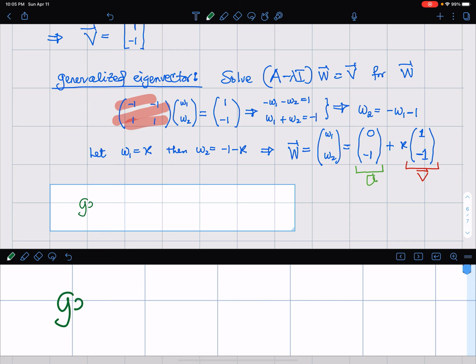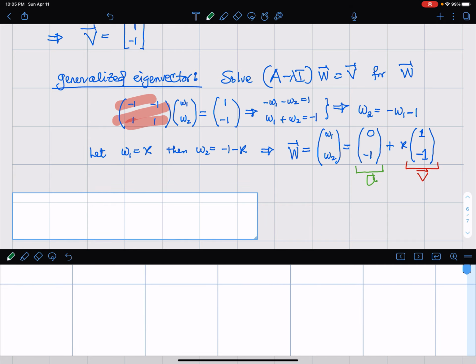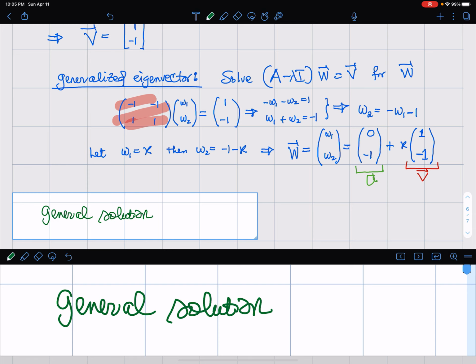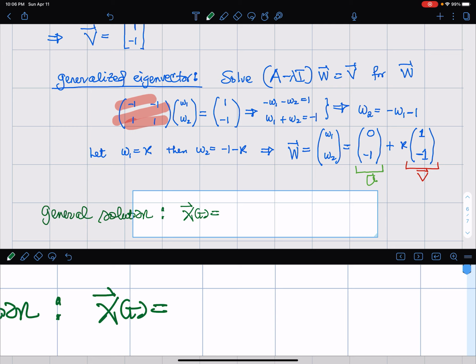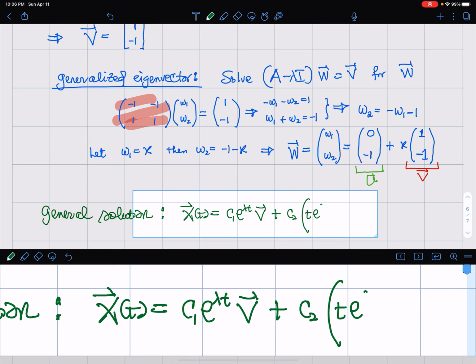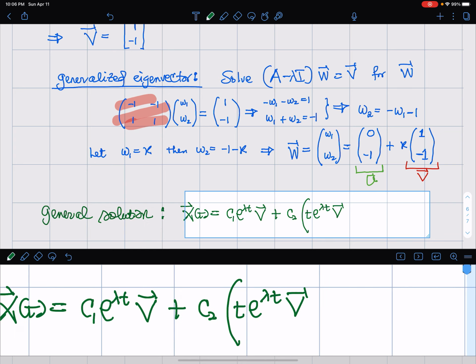So the general solution in this case is going to be x of t is equal to C1 e to the lambda t times v plus C2 t e to the lambda t times v plus e to the lambda t times u.